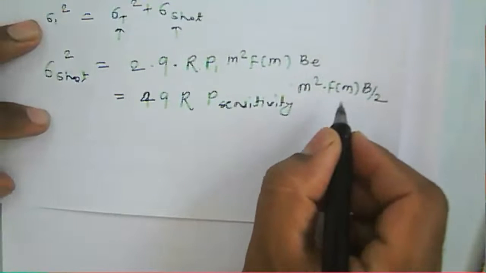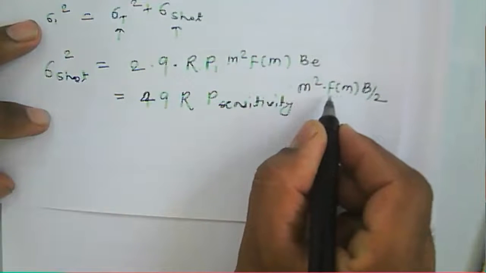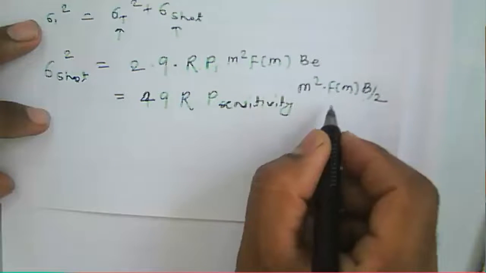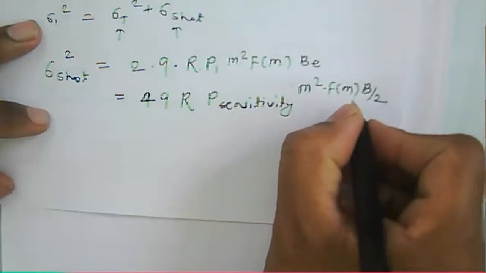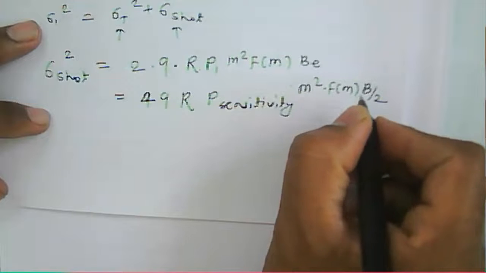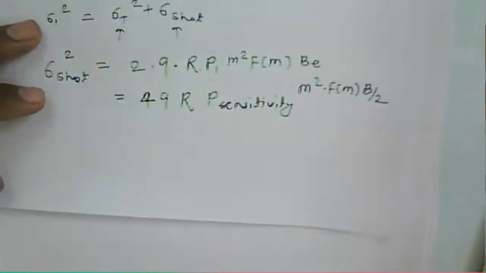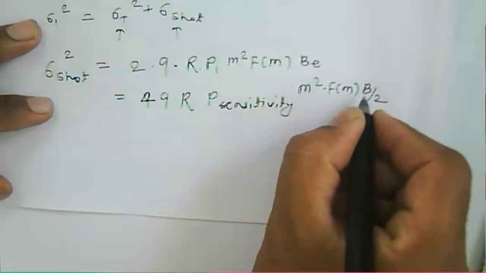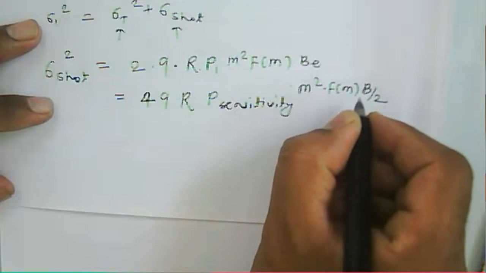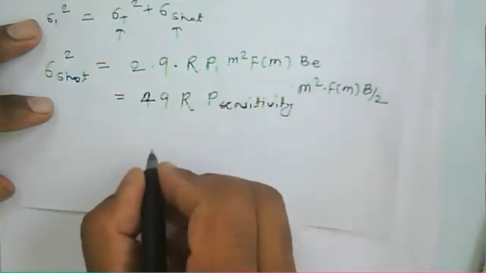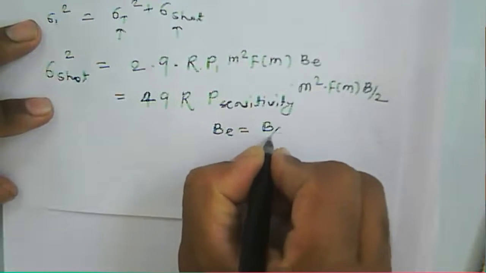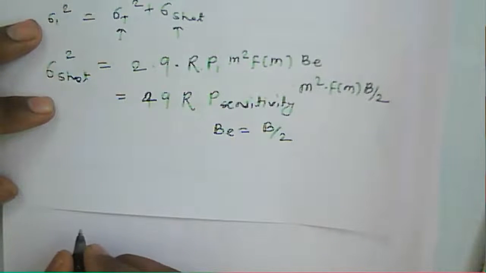And F of M is nothing but the noise figure for this photodiode. And this B is the bit rate, and that bit rate depends upon the receiving bandwidth. So that's why the bandwidth is B by 2.